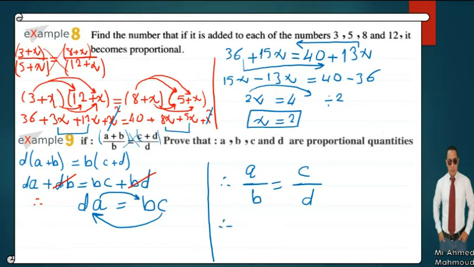Therefore a, b, c, and d are proportional quantities.